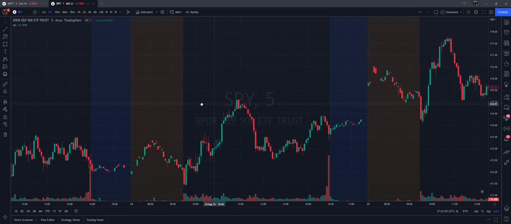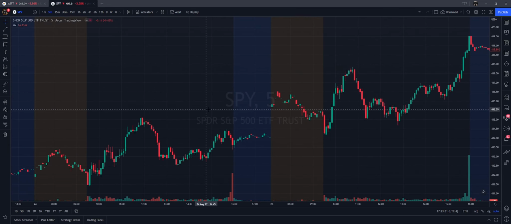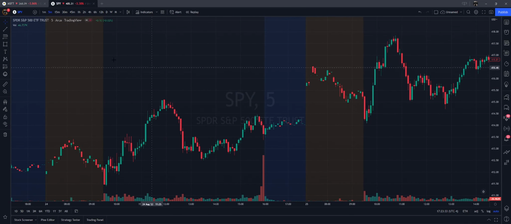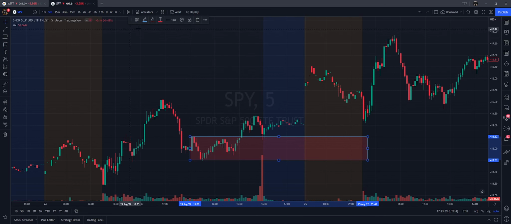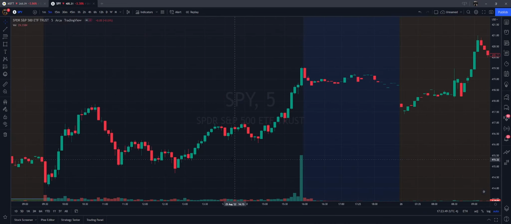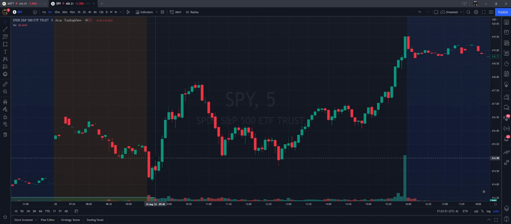In this video I'm just gonna show you how to draw supply and demand properly. On this one I'll put it somewhere right here as a demand zone. This is the range, it broke up, retesting the demand zone, and now it goes up heavily. On this one we have a demand zone as well.